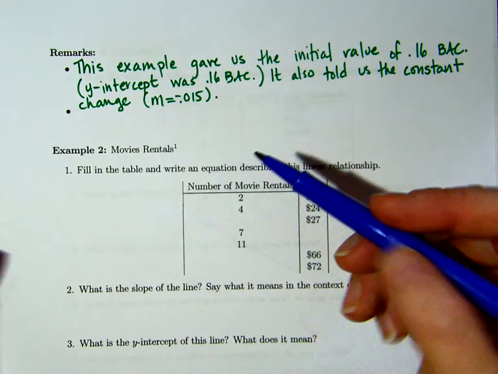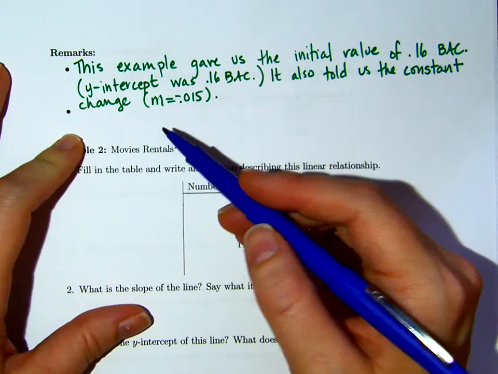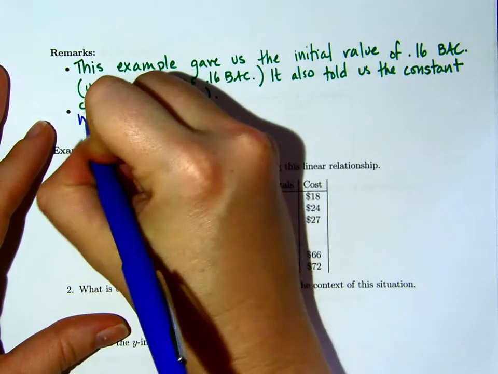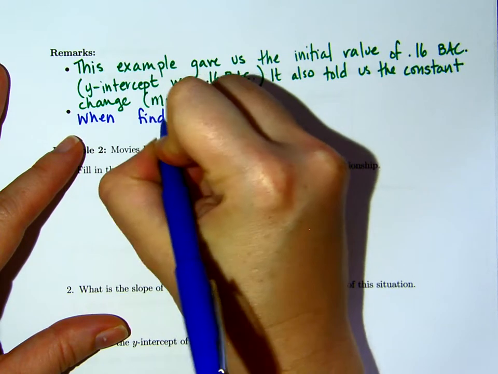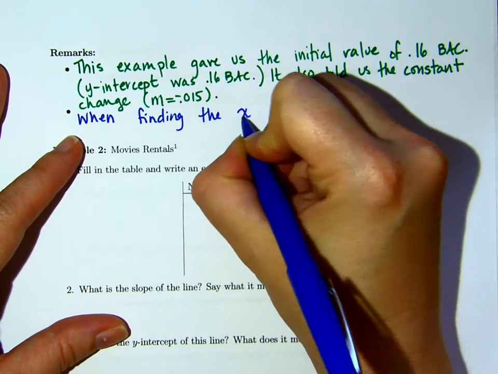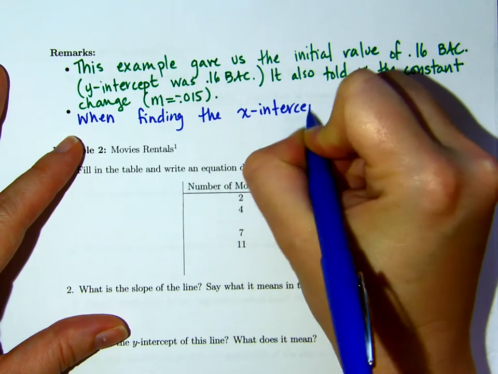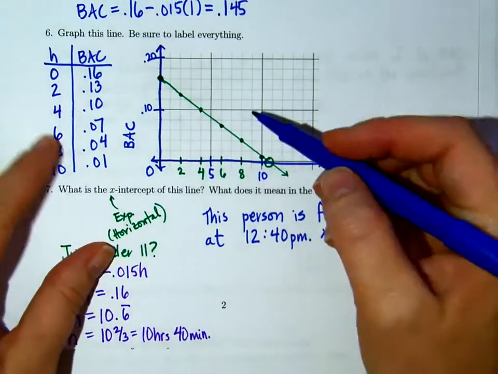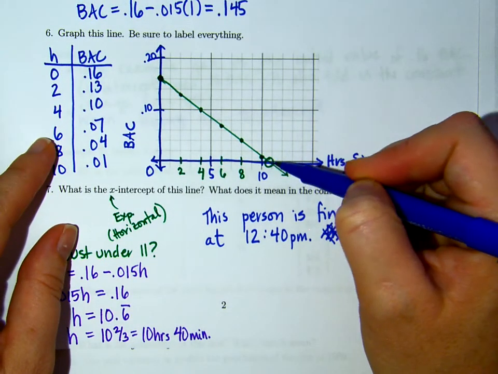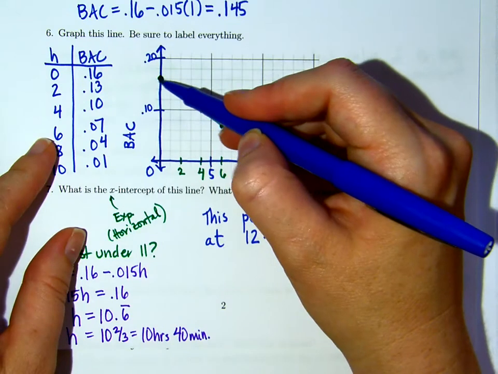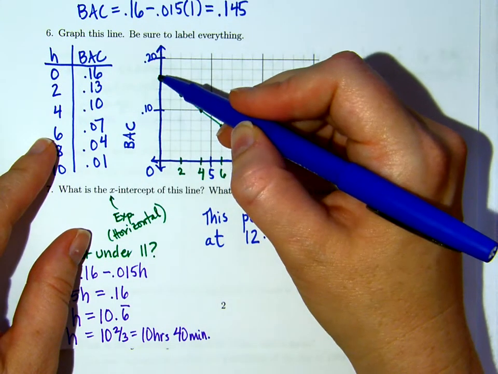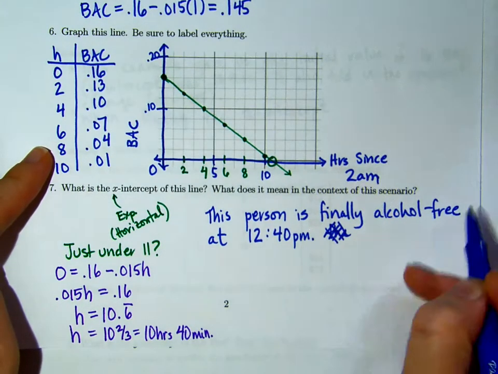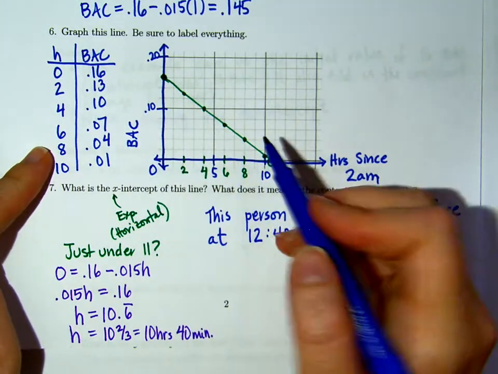Okay, and then we also, at the end of that example, found the x-intercept. So when finding the x-intercept, which also had a good meaning, where it crosses here, that has meaning, and where it crosses here, that has meaning. This is the initial value when things begin, and this is when it hits some barrier. That was the alcohol-free barrier in this particular situation.